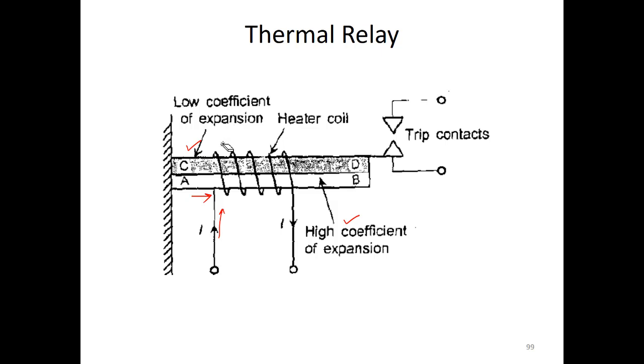One strip has a low coefficient of expansion and the other has a high coefficient of expansion. Because of these eddy currents, the strips get heated, and the lower element, AB, expands more compared to the upper part of the strip. The upper part has a low coefficient of expansion, so it expands less. As the lower part expands more, the strip becomes curved.